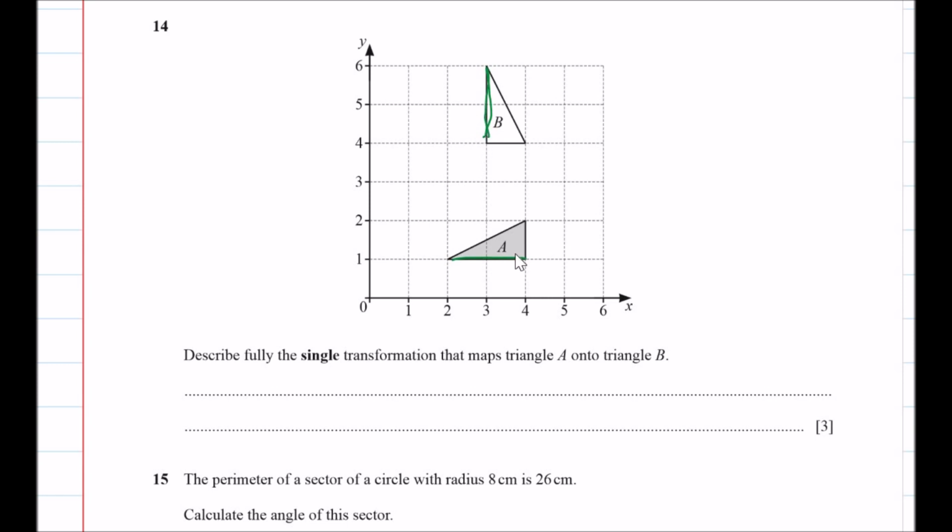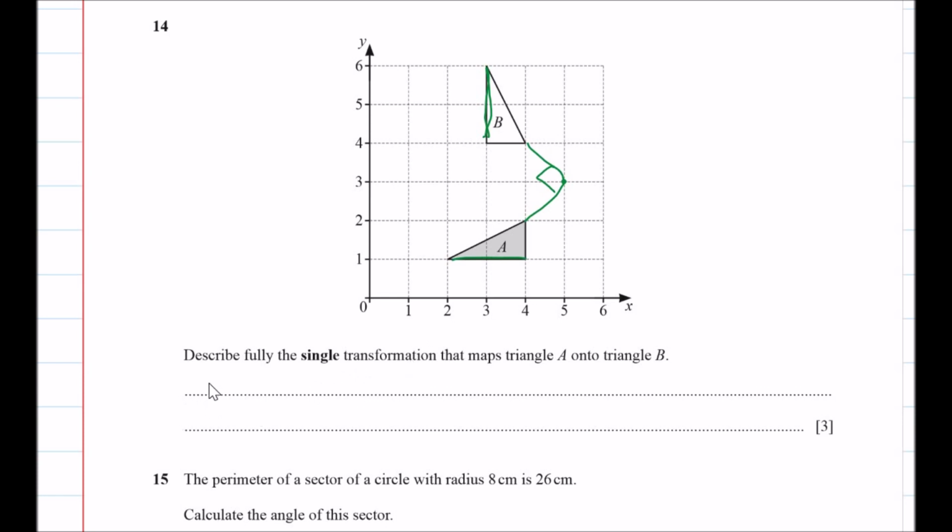You can notice here, right? That means there is rotation involved, and rotation by 90 degree involved, right? So we need to find the center. Easily we can observe this point gives us the angle 90 degree here. This angle will be 90.